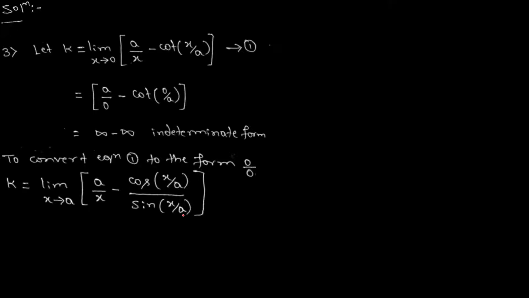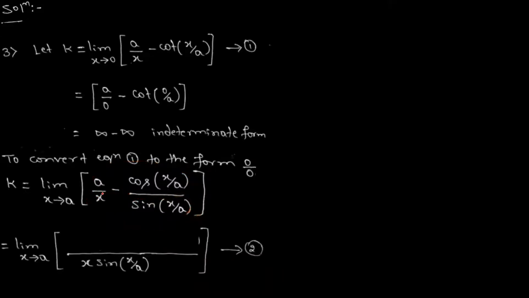I think we can expect that the very next step is to take the LCM, because we need to combine these two terms and make it one. Let us take the LCM now.